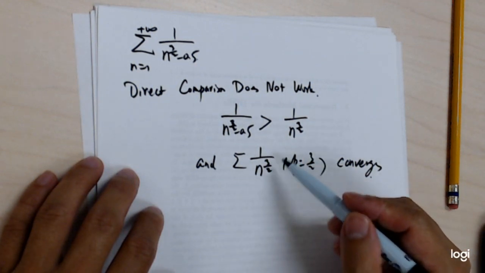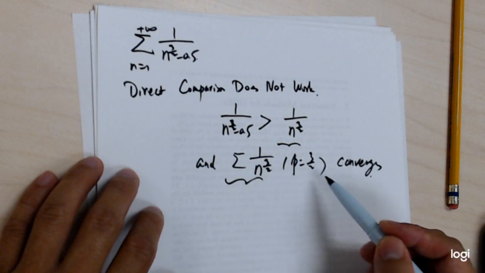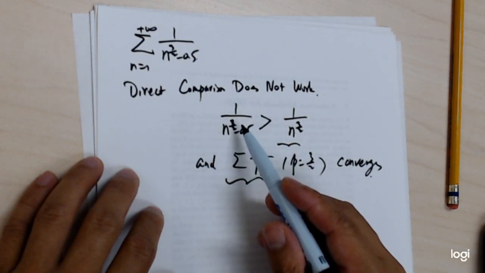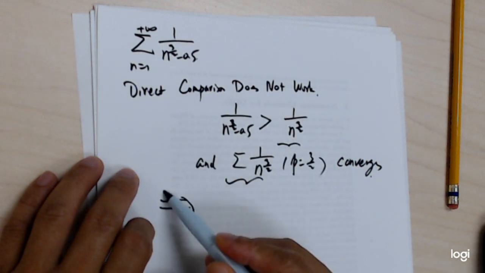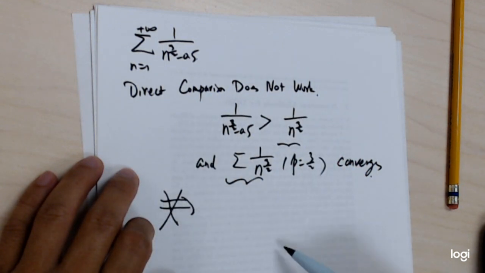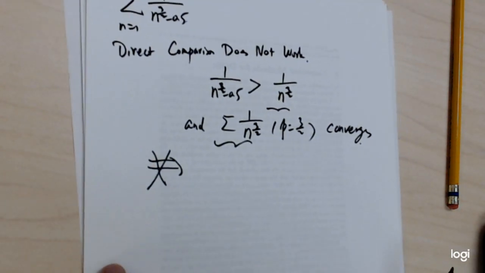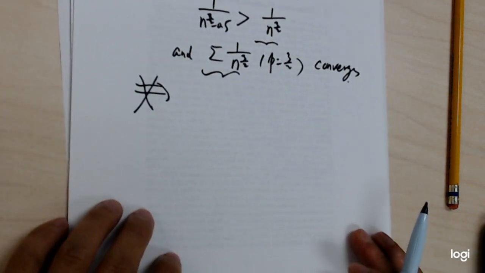But the problem is the smaller one is a finite number, and it does not say anything about the bigger one. That's why we say direct comparison test does not work. There's no conclusion that you can get out of this. Direct comparison, by the way, is something we talked about before your midterm number 2.